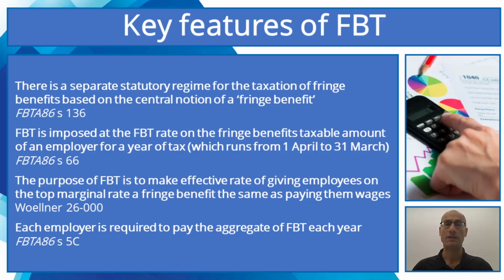A couple of other things to note: the employer is required to remit the aggregate of the fringe benefit tax, basically the amount that they're liable for each particular year.